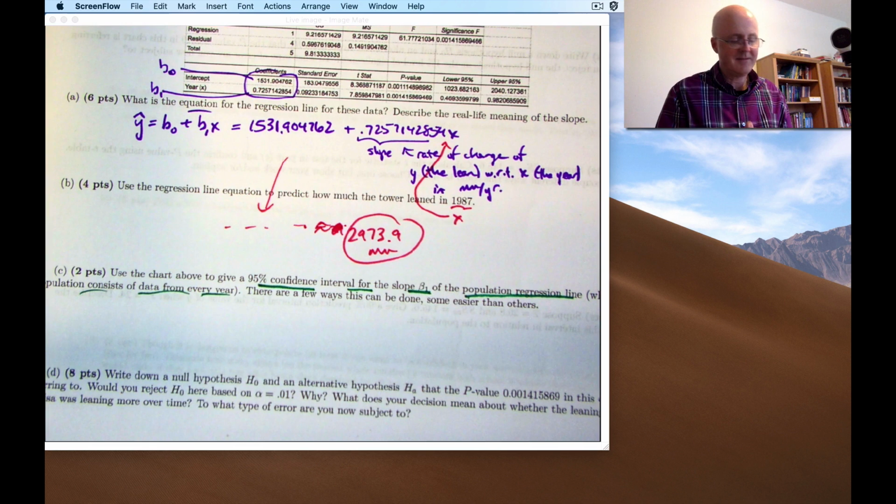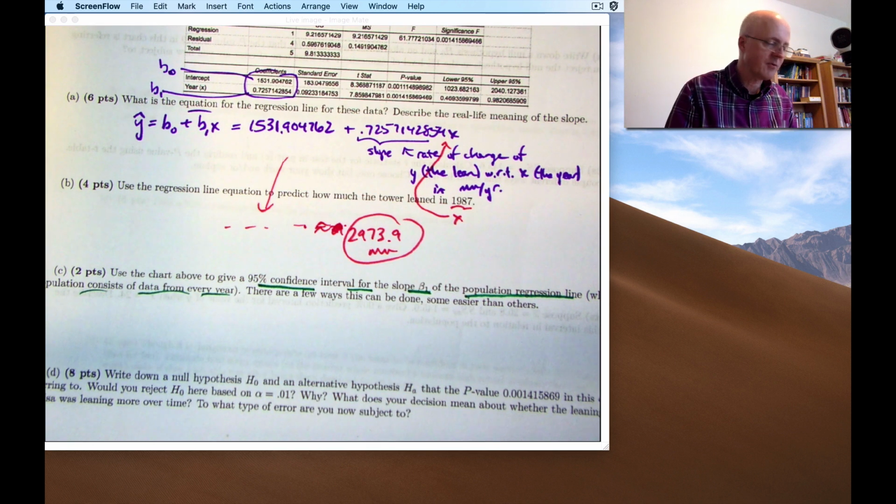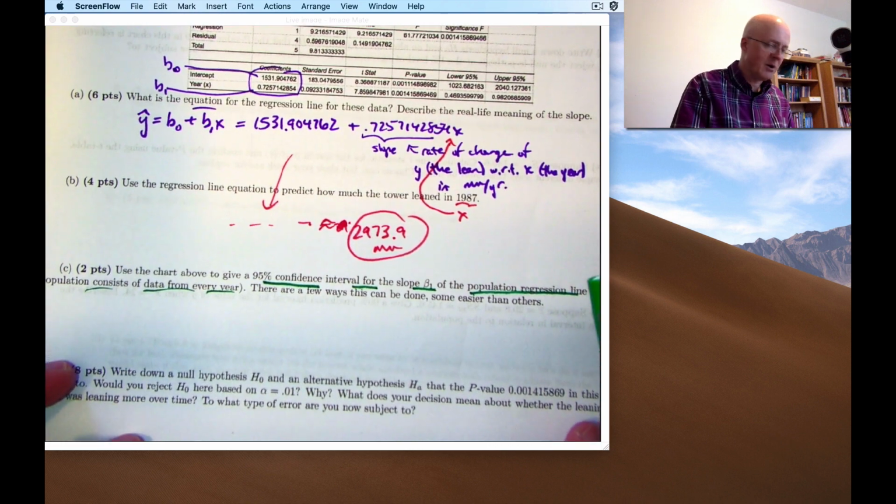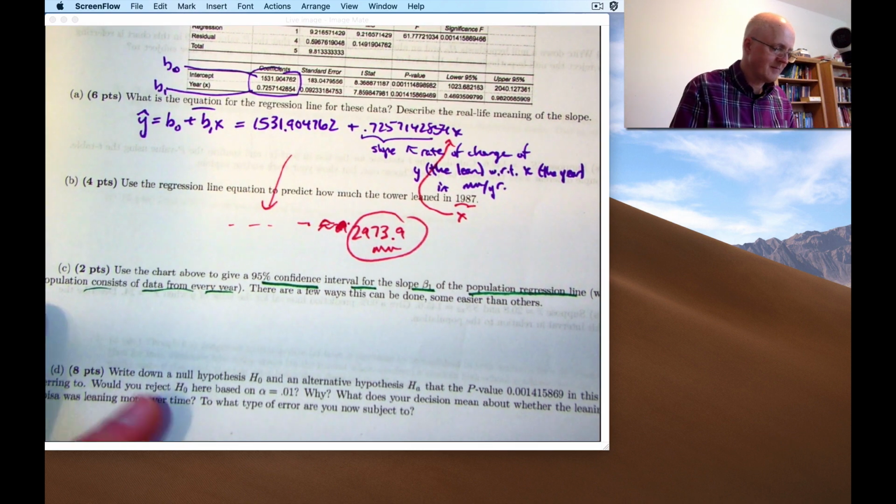More ideally, when you're doing inference with regression, for each x you have lots of y values, or at least when x is close to various numbers you have lots of y values. That's a more ideal situation for regression inference. We'll go ahead and apply it here, even though it's not quite as ideal as that. We only have one y value for each x. So it's, again, not quite ideal, but we'll go ahead and do it. We still can do it.